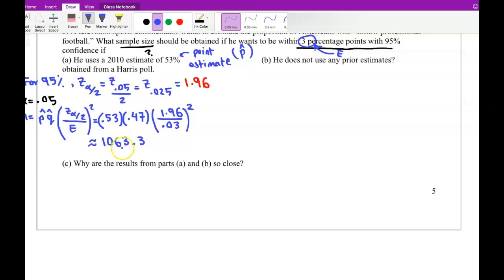What that means, we need the sample size of 1064. So this is the answer for part A.